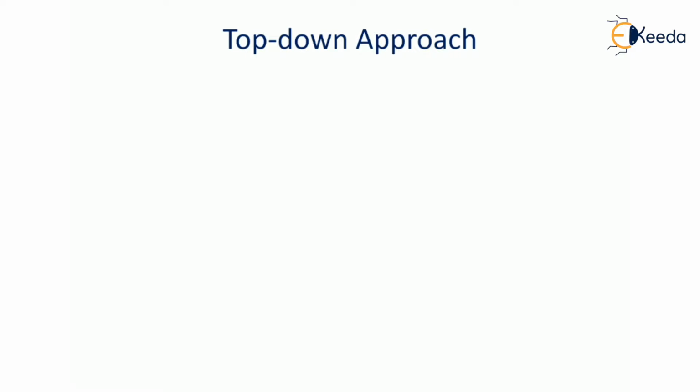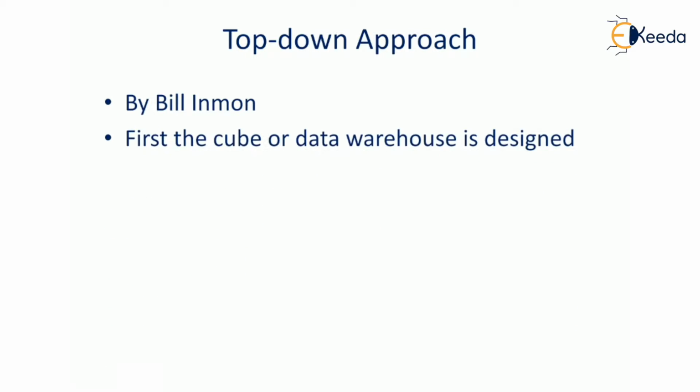Top-down approach. This approach is given by Bill Inmon. In this approach, at the top we have the complete data warehouse. Means first the data warehouse is designed or the data cube is designed. What is a data cube? It will be coming in the next lectures.